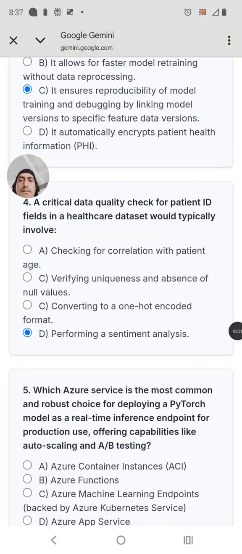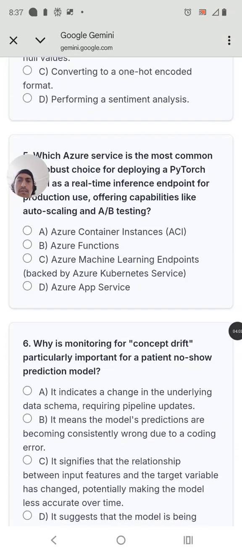However, data check, quality check. So verifying uniqueness and absence. Probably this one. This should be B, by the way. It should not be C. Anyway, next one.